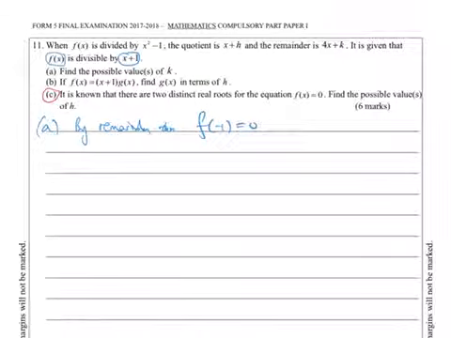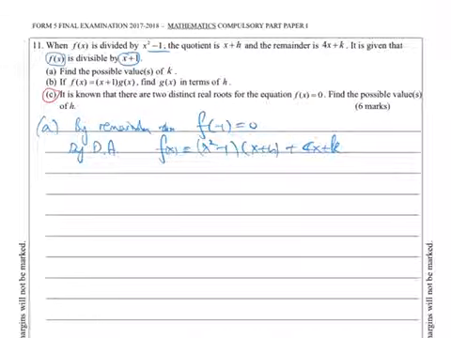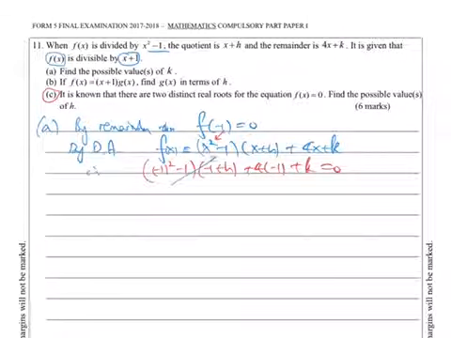And then by the division algorithm, f(x) when divided by x plus 1 is divisor multiplied by the quotient plus the remainder. So therefore f of minus 1 is, you put the minus 1 into x, so minus 1 squared minus 1 times minus 1 plus h plus 4 times minus 1 plus k, it is 0. But this one is 0, so you get k equal to 4.